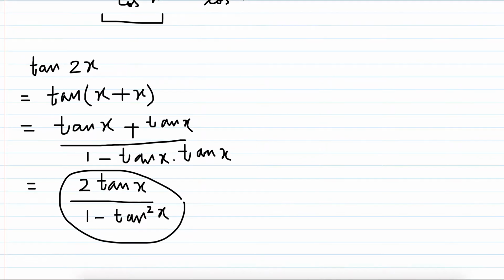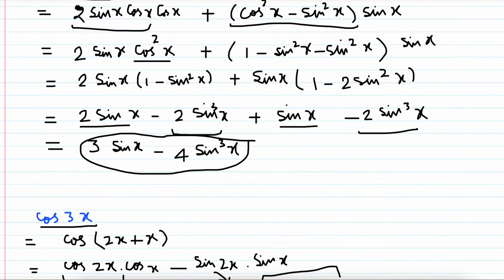We had seen the formula for tan 2x: 2 tan x divided by 1 minus tan square x.